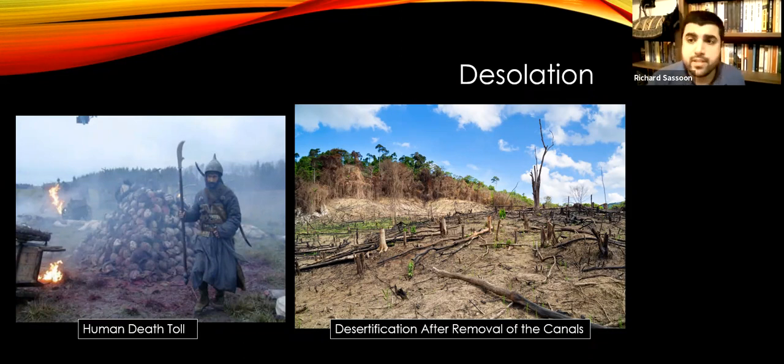The result of this destruction is still felt today. You have massive desertification that occurred throughout the region of Khwarezm, specifically because of what the Mongols did in destroying these irrigation systems. You also had a significant spread of disease because of how many people were dying and the unsanitary conditions that result from human bodies and their decay.